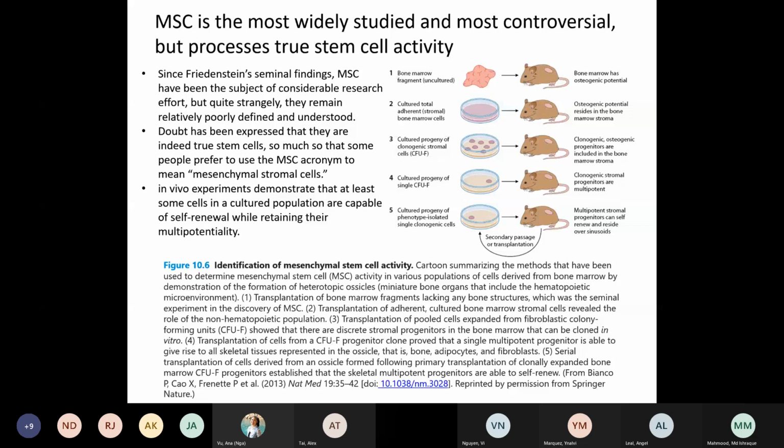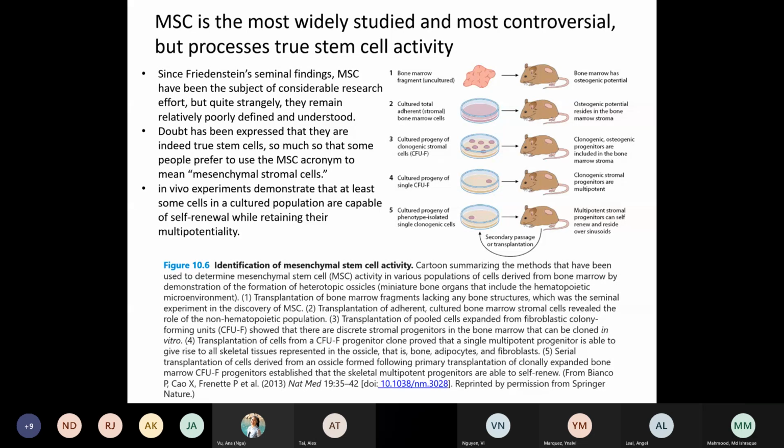When you have a colony formed by fibroblast, it's not as tight. The colony is kind of loose. You see cavities between the individual cells. So the morphology of those two types of colonies are different. That's why here they use CFU-F to describe the colonies formed by fibroblast.